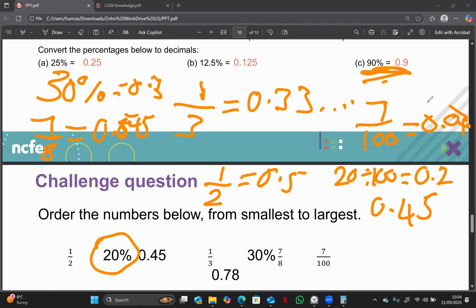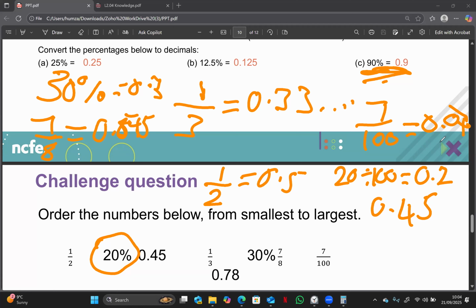After having them all in decimals, what's the smallest decimal in all of these that I've written? I know they're a bit scattered around. If you look around, what's the smallest number? 1/2?